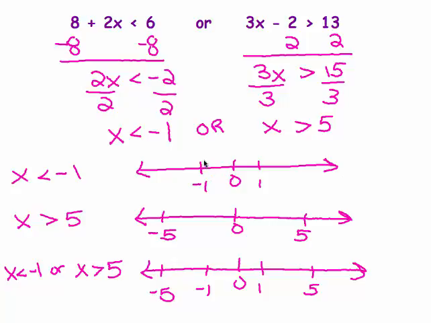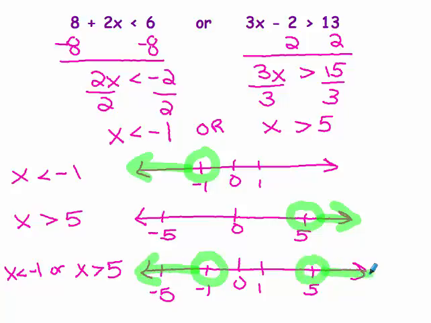X is less than negative 1. Open circle on negative 1 to the left. X is greater than 5. Open circle on 5 to the right. Smash them or smush them together. And that's your final graph.